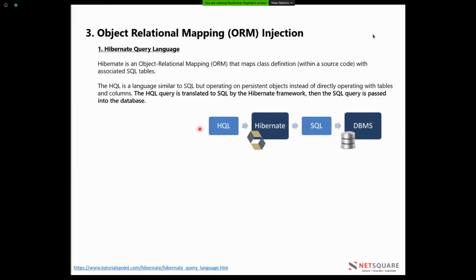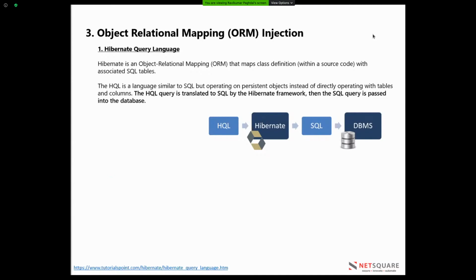So the application uses HQL. When you inject your payload, it will work with HQL, not SQL. Hibernate will convert your HQL payload to SQL and work with the DBMS. So if you put a SQL payload here, it will not work because Hibernate does not understand the SQL syntax.